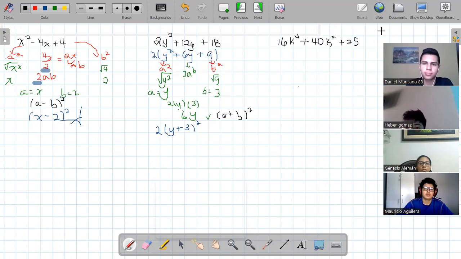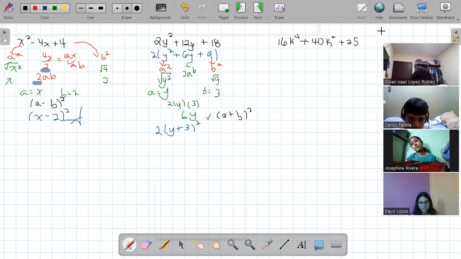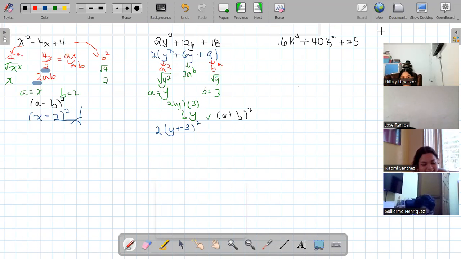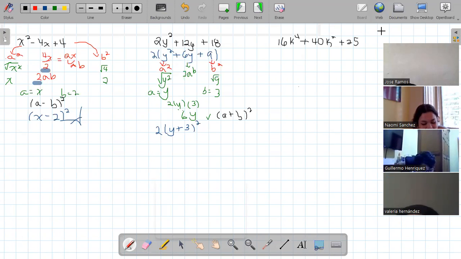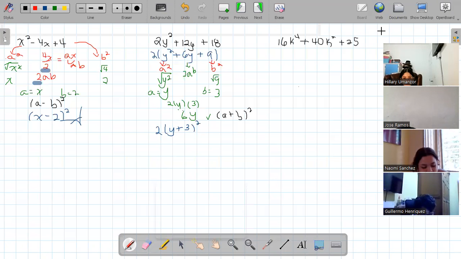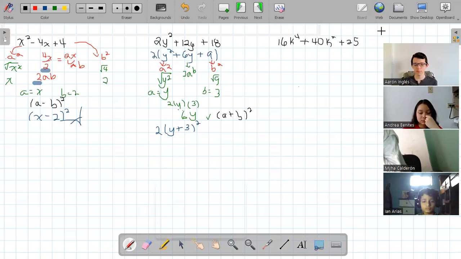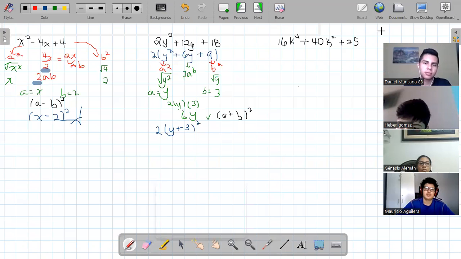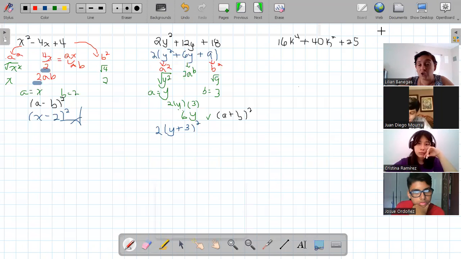Because that's the first thing that we need to do. Do we have a GCF in there? No, there's not, right? So no GCF, I can go ahead and see if it is a special case.